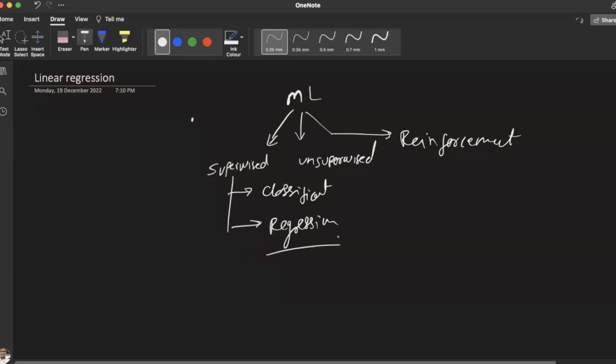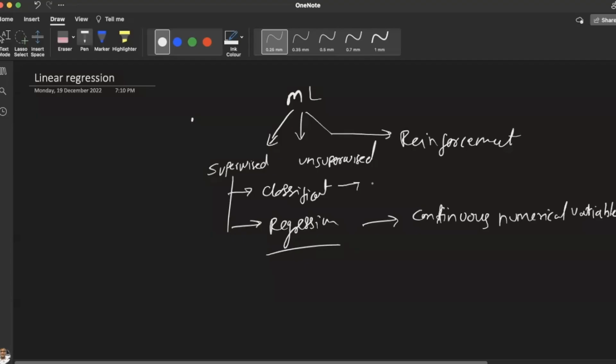So first we are going to discuss classification versus regression. What exactly regression is, we have already gone through. If you're predicting, let's say, some continuous numerical variable, then that is a regression task.